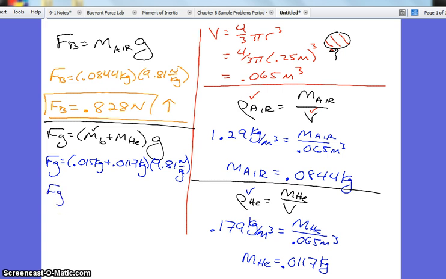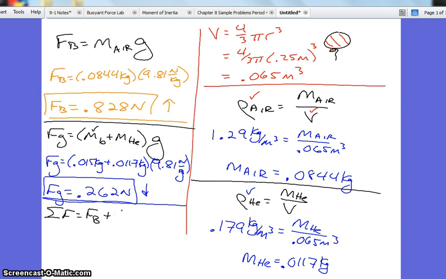And we get the gravitational force to be 0.262 newtons, and that is downward. And now we need the total force, part C. The total force is simply the sum of the two forces, the buoyant force, which is up, plus the gravitational force, which is down, so it's negative.